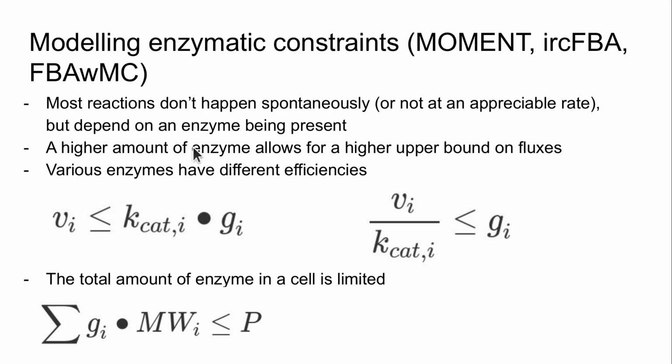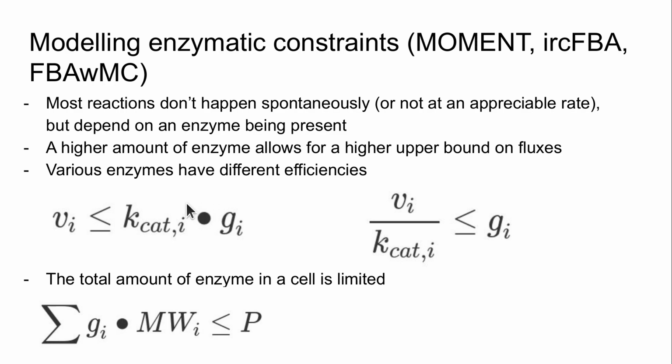And so we can rephrase this variable efficiency, as well as the fact that the amount of enzyme really just sets an upper bound and not a lower bound on each flux, as this inequality here, that for enzyme i, we'll have g_i, which is the concentration of that enzyme, or the amount of that enzyme present. kcat will be the relative efficiency of that enzyme.